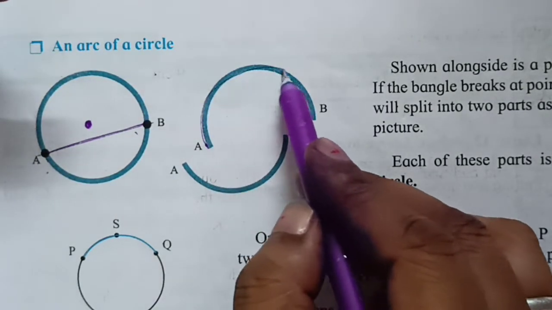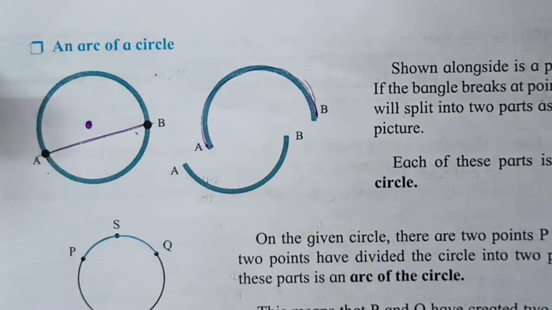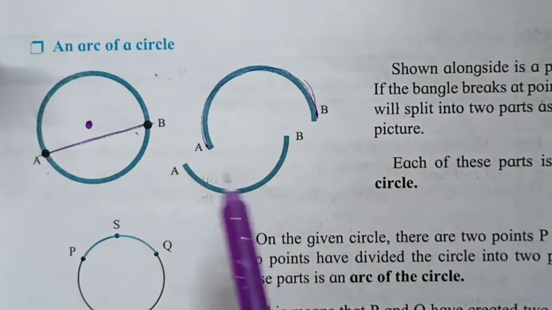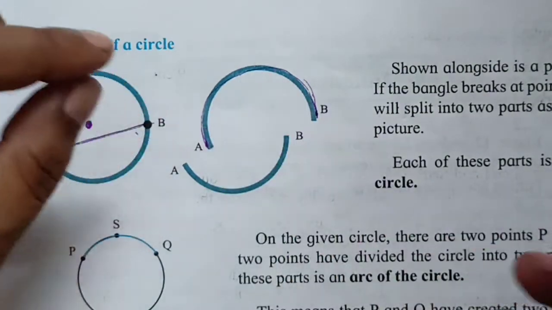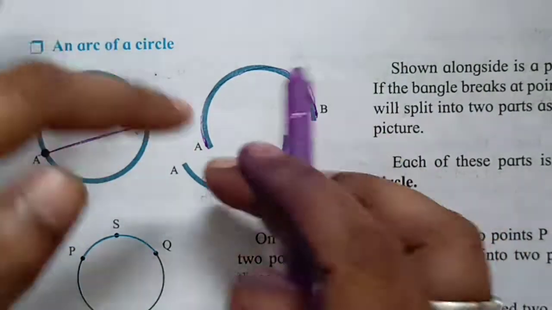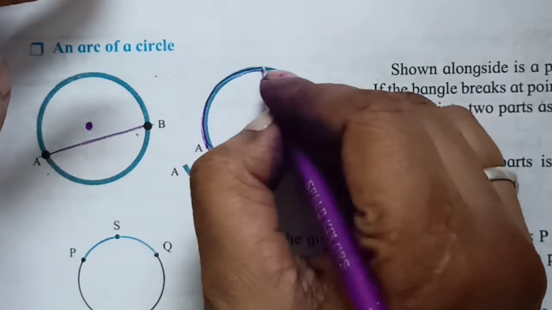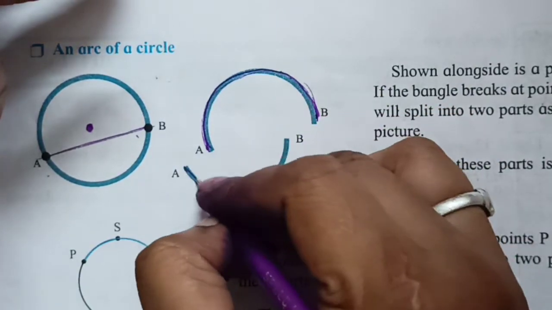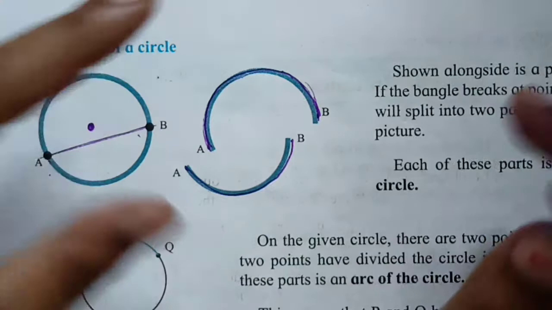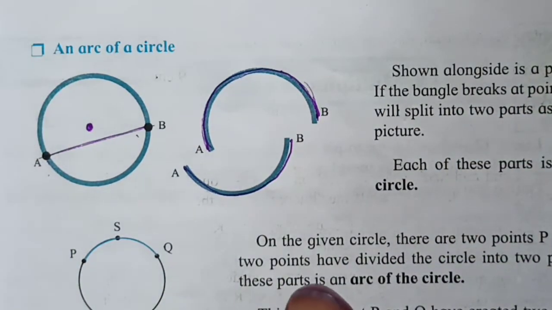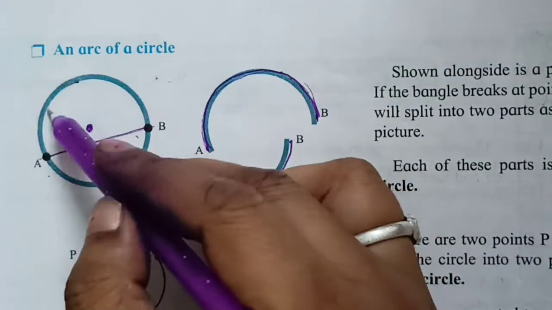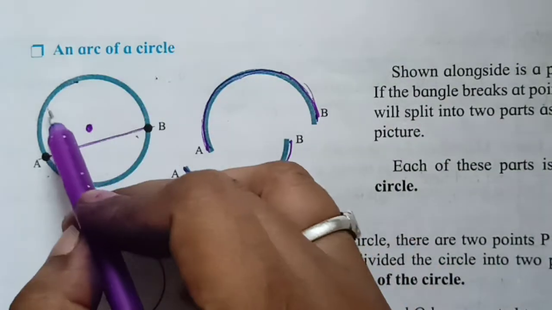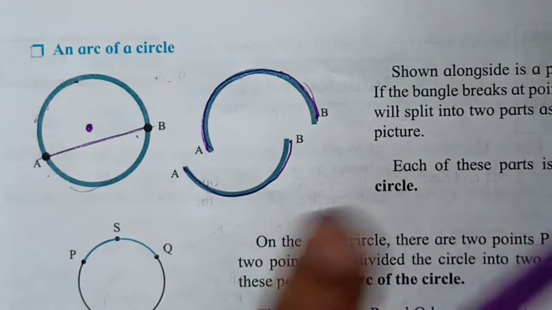This part is bigger as compared to this part. Clear? So the bigger part is called major. This part of the boundary is called an arc. Clear? What is meant by arc? Arc is a part of the boundary. Part of boundary means not the whole circumference, not the whole boundary, just a part of the boundary, any part of the boundary.